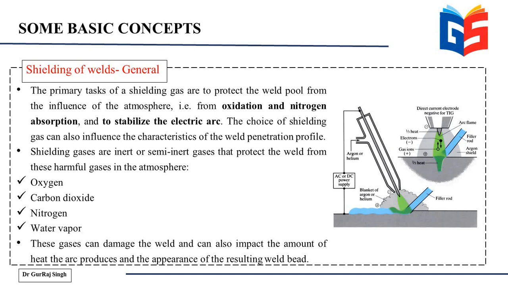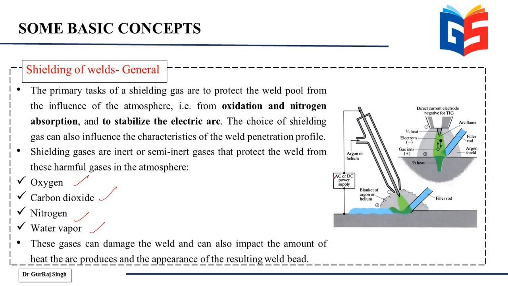The arc needs to be stable for a proper welding process to take place. The different gases which are present in the atmosphere in relation to the welding process are oxygen, carbon dioxide, nitrogen, and water vapor. All these four gases are not very favorable when they come into contact with the weld pool.